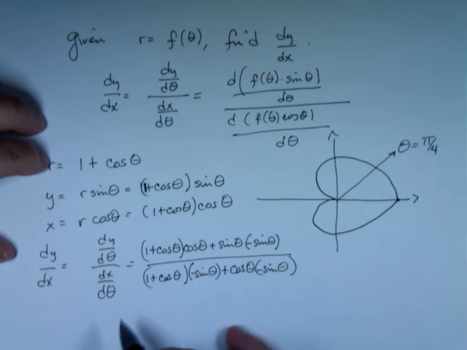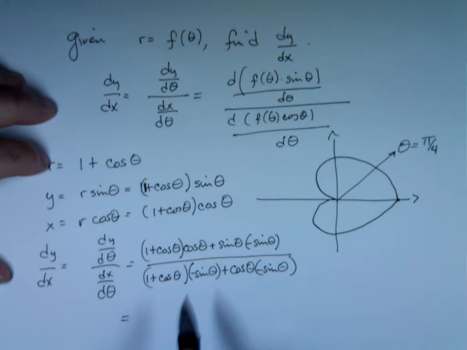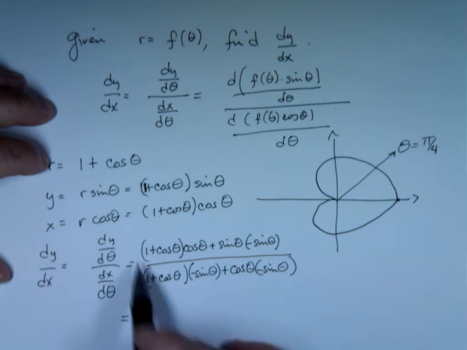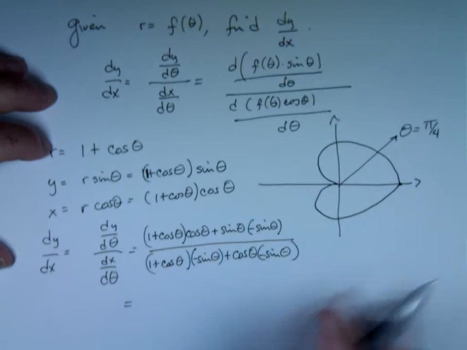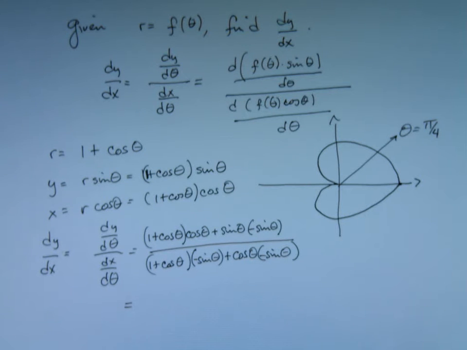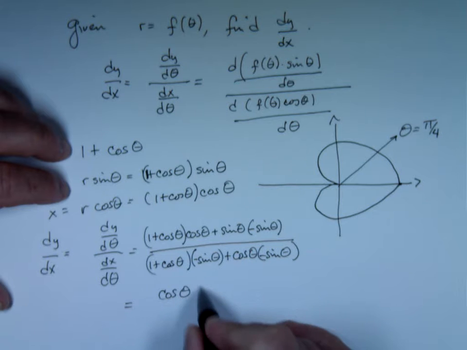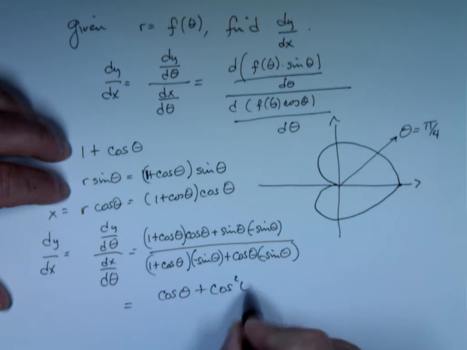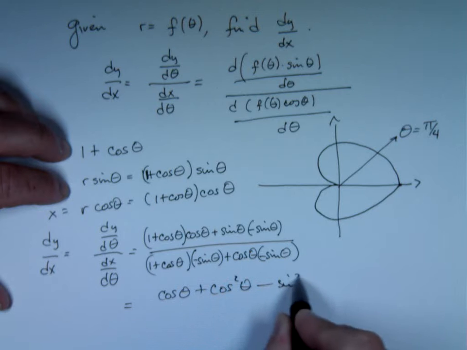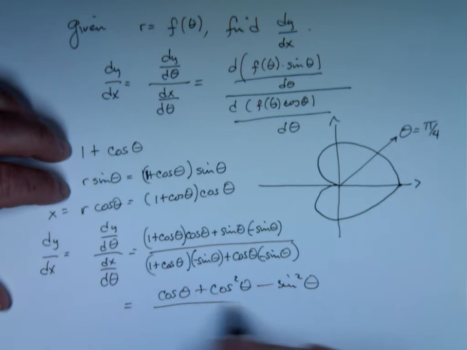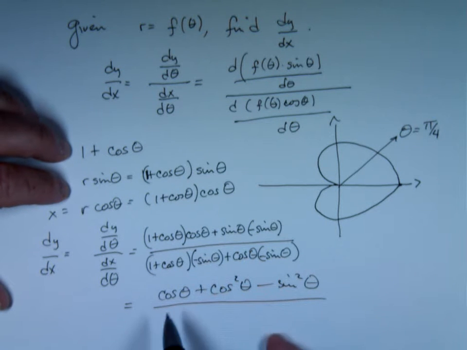Okay, this is not nice. That's equal to cosine theta plus cosine squared theta minus sine squared theta. Unfortunately, we got a minus there, which is not a good thing. Down here, we got a negative sine theta minus sine cosine minus another sine cosine, minus 2 sine cosine.